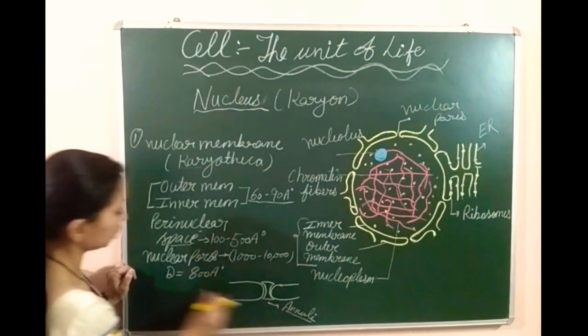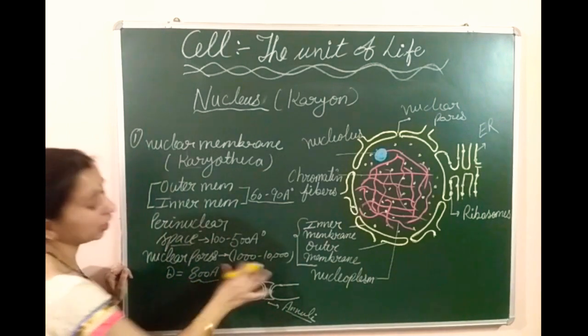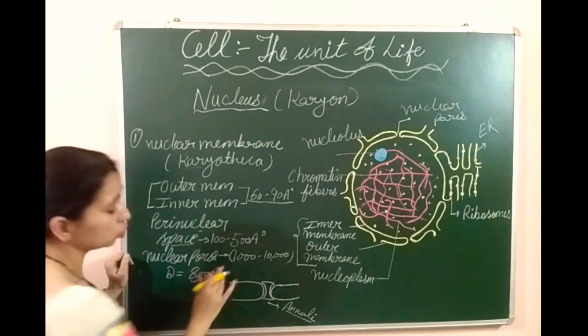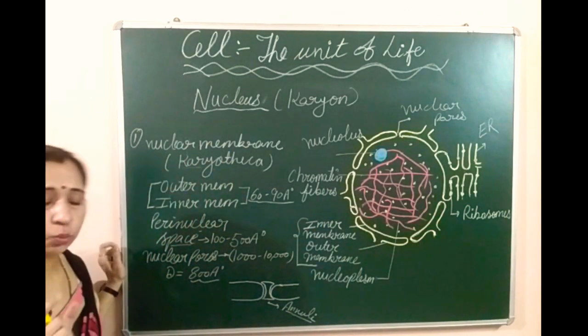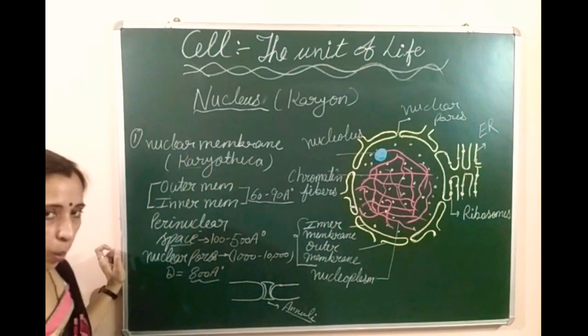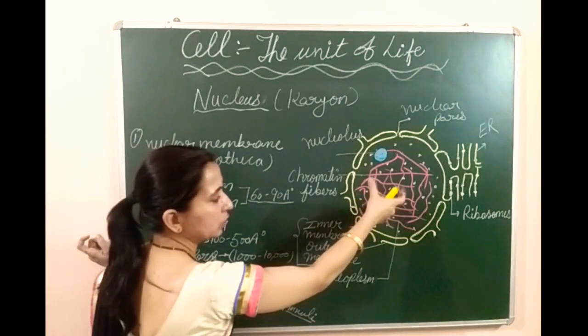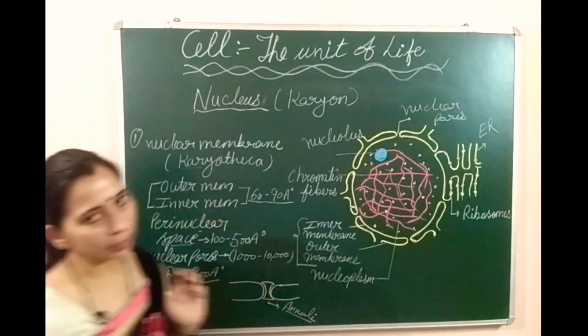The diameter of these pores is 800 Angstrom, and they are very large in number, 1000 to 10,000 pores can be present in the nuclear membranes, and these pores are the site by which materials from inside the nucleus can go outside to the cytoplasm.